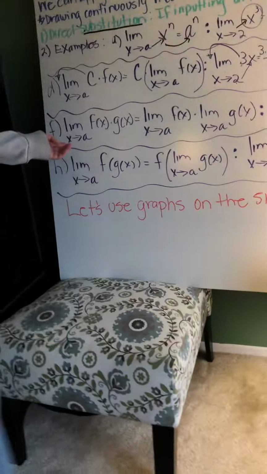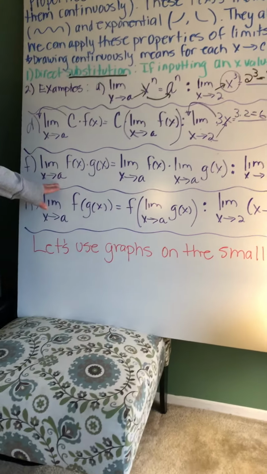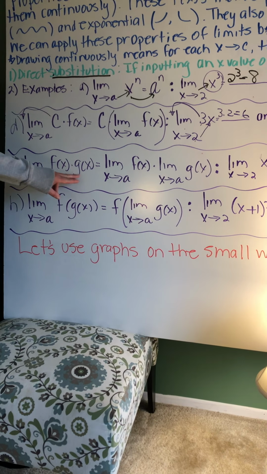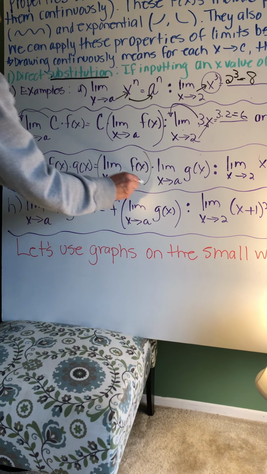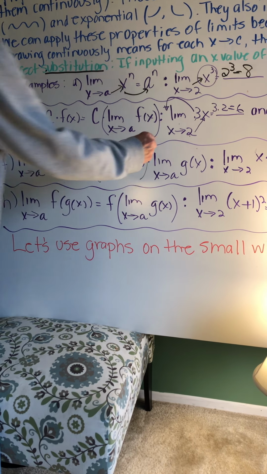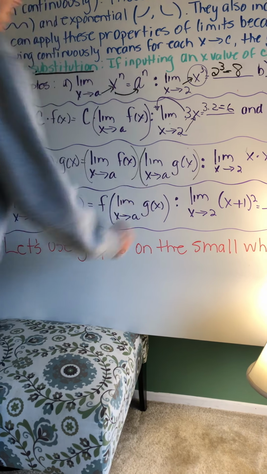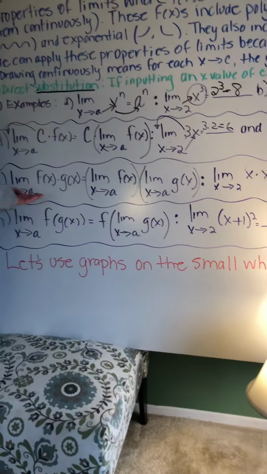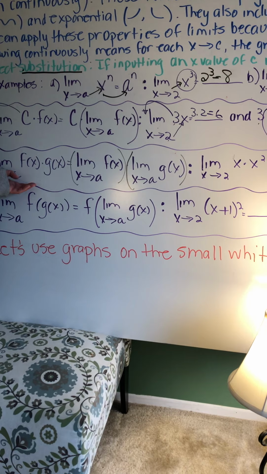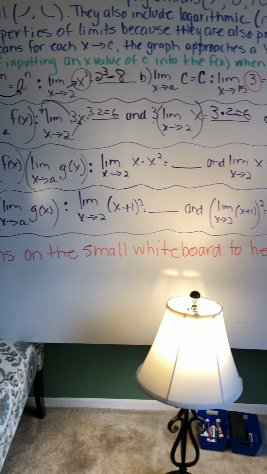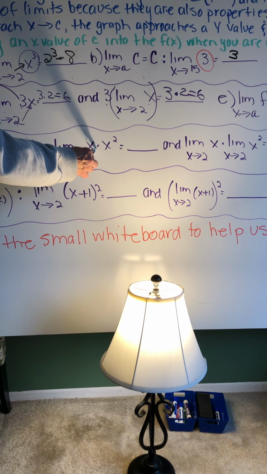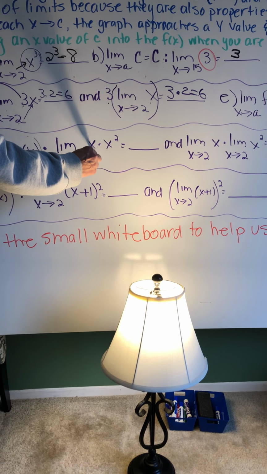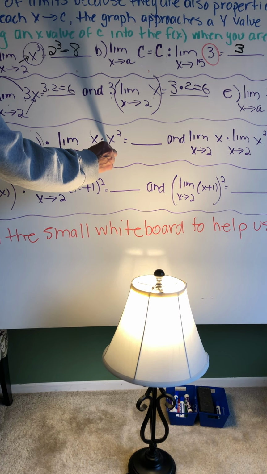It also means on F, if we are asked to find the limit as x approaches A of 2 functions being multiplied, we can find the limit of the first function, the limit of the second function, and that will be equal to the first expression. So take a look here. We did the limit as x approaches 2 of x times x squared. Let's use direct substitution here, right?